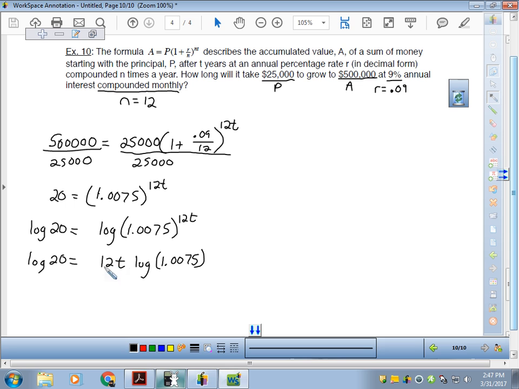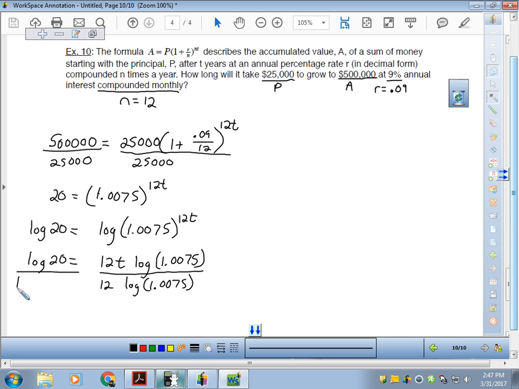Now, these three things are being multiplied. We have a 12 times a t times a log of 1.0075. If we want to solve for t, we need to get rid of this multiplication, so we're going to use division. We're going to divide both sides by 12 to cancel that out, and we're also going to divide both sides by the log of 1.0075.